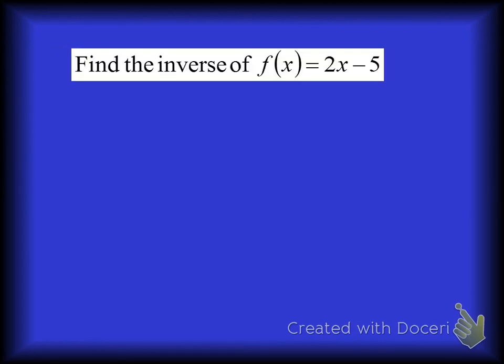All right, first up, find the inverse of f of x equals 2x minus 5. All right, so follow your steps. Step 1, rewrite as x's and y's. So instead of f of x, you make it y equals 2x minus 5.